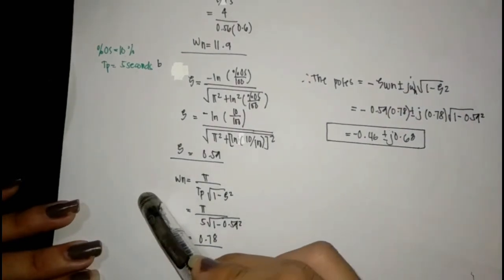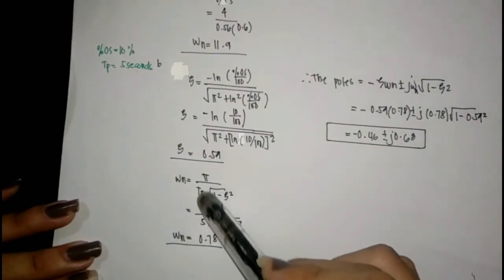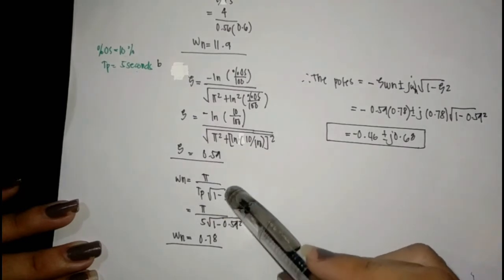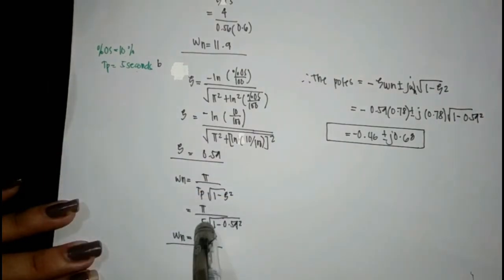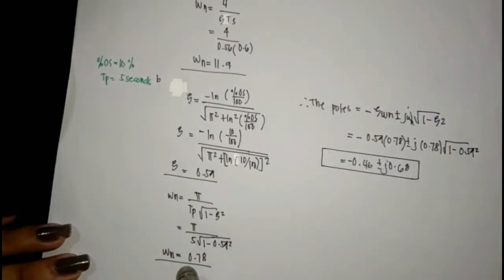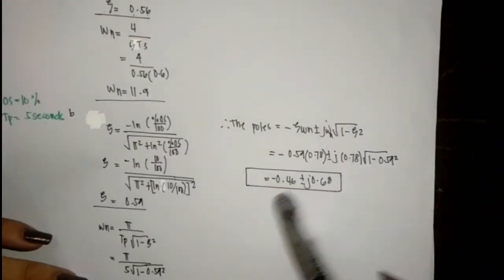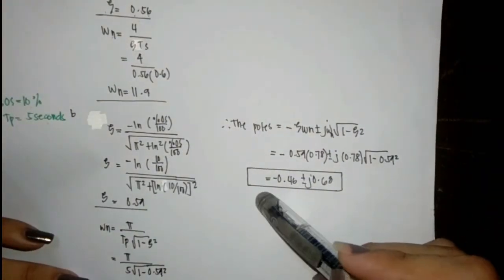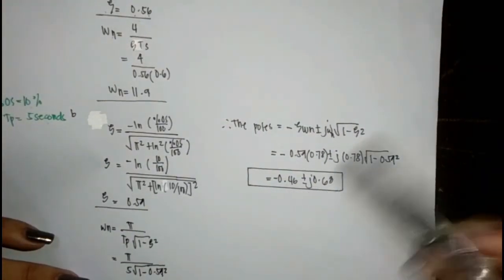So natural frequency is equal to pi over Tp times square root of 1 minus damping ratio squared. So we'll just need to input the Tp here, which is 5. So our natural frequency is 0.78. And to have the poles, we need to input this, same, and we'll find the poles from B, which is negative 0.46 plus negative j 0.63.